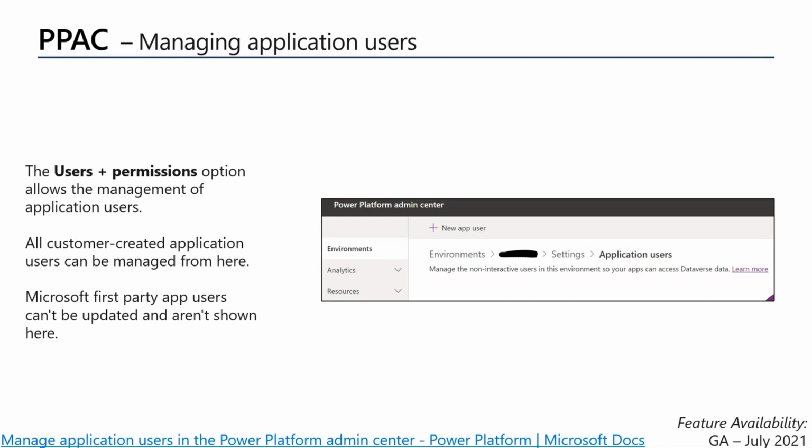From this screen, you can easily create an unlicensed application user for your environment. This application user will be given access to your environment data on behalf of the user who is using the application. All custom-created application users can be managed from here directly.